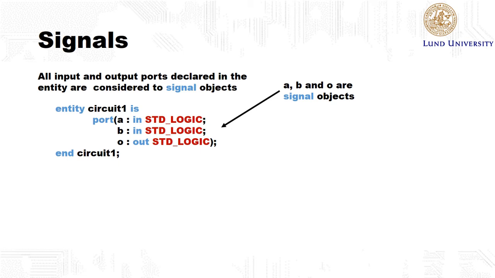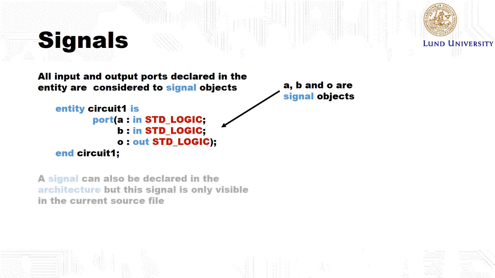So A and B is input to the circuit. This means that we can only read the value of A and B. We cannot write the value to A and B. And opposite, O is the output of our circuit. So this one we can only write the value to. We cannot read it.